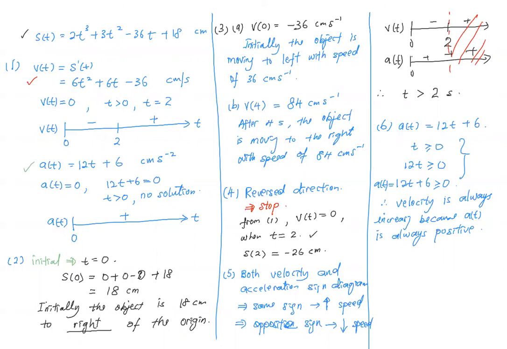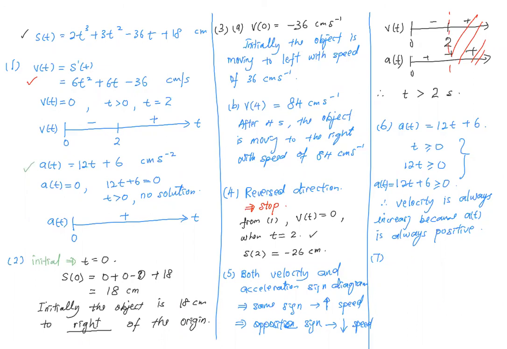Okay, number 7 should be quite easy. Can someone tell me what is the answer for number 7? Find the acceleration when t equal to 6. So this is no problem, am I right? Which one must I sub in? Green color.